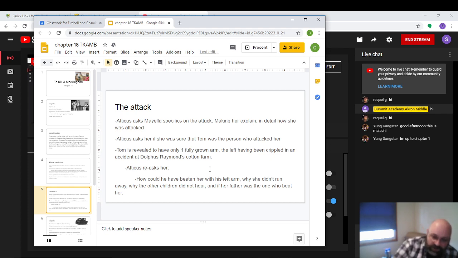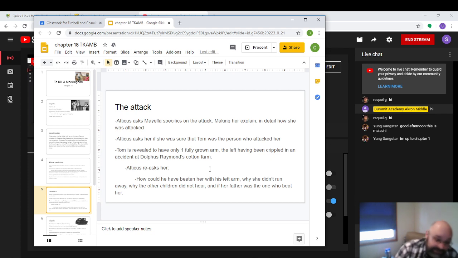One of the people in the audience, I think the Reverend, leans over and explains to Jem and Scout that it was something that occurred when he was young at the cotton farm of Dolphus Raymond. And Dolphus Raymond, again, is the man who lives within the African American community. He has a bunch of mixed children.